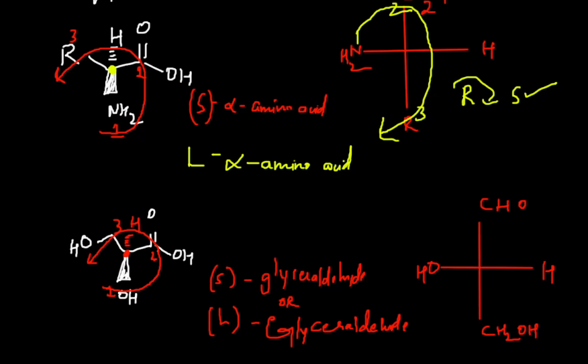Around this chiral carbon, if I do the numbering, it is 1, 2 and 3, and 1, 2, 3 is clockwise. But H is on the horizontal line, so I have to reverse it. This gives you the S configuration, the same as above. So this L has been taken from glyceraldehyde. We'll study more on this when we study sugars and carbohydrates.